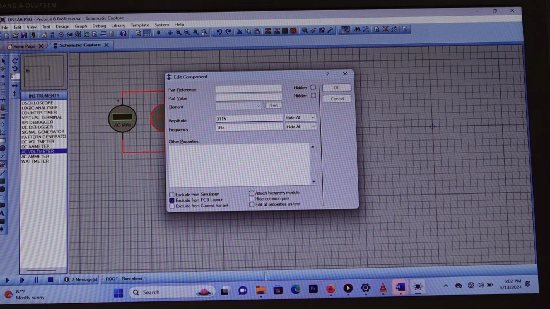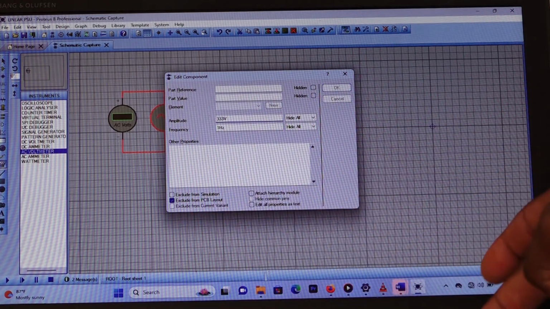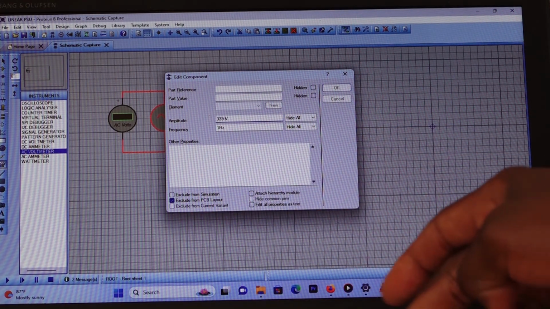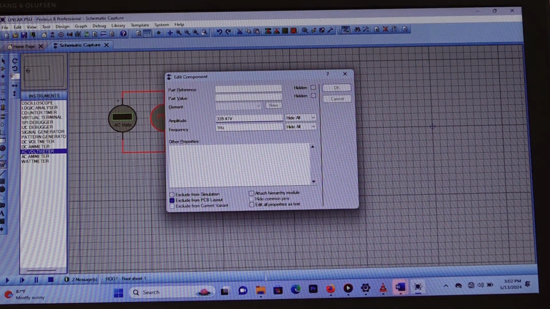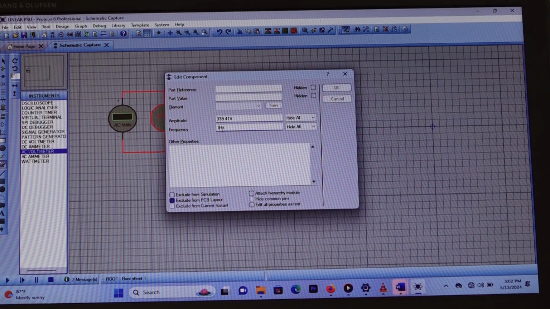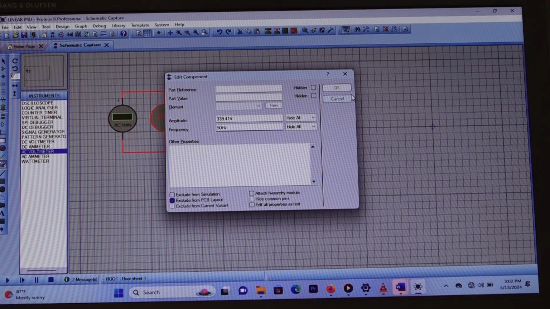Or you need 240. Okay, so my students here say we are familiar with 240. So 339.41. All right? Then how about frequency? 50 Hz.